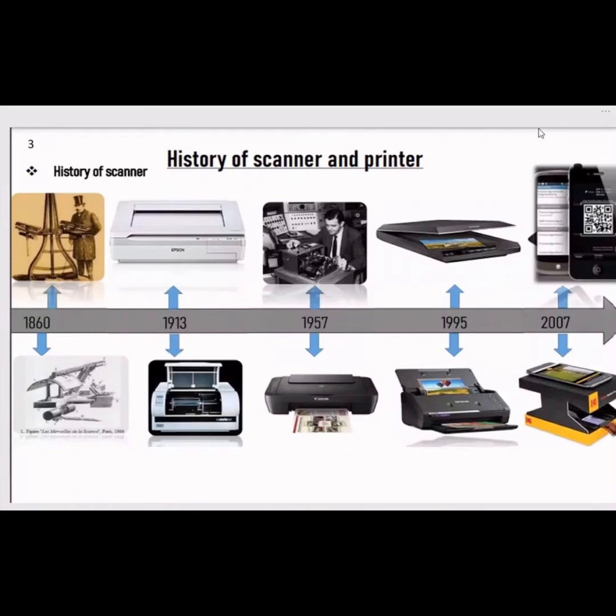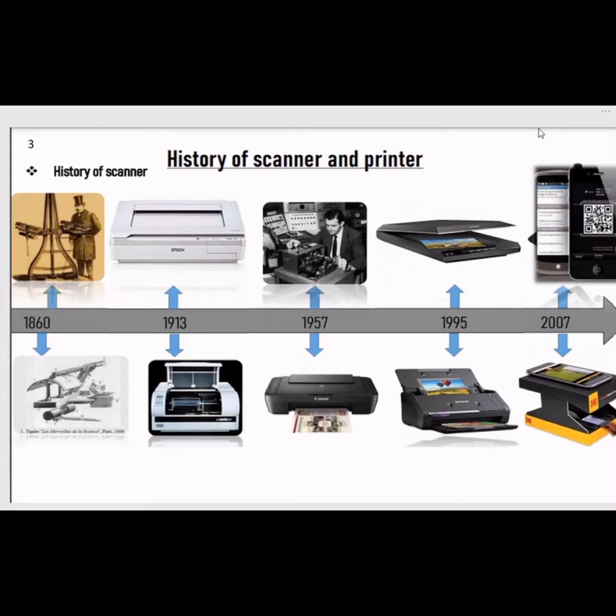History of scanner. In 1870, a scanner is a device that converts a physical image to a digital one. The first scanner, the telegraphy, was invented by Giovanni Caselli, and the scanner was used in commercial security in the 18th century.